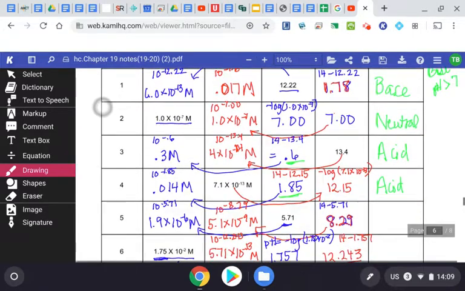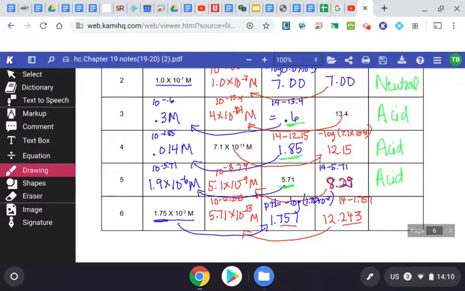Solution 5 is at 5.71. pH is less than 7, so that solution is also an acid. And the last problem, solution number 6, has a pH of 1.757. Also less than 7, so that also makes that solution an acid. That is it for our notes today dealing with pH calculations.